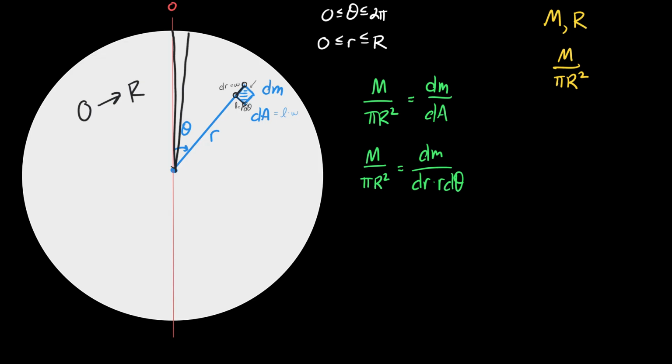And now I'm going to cross multiply to get dm by itself. M over pi r squared r dr d theta. I know, I've said it out loud a lot, r dr.